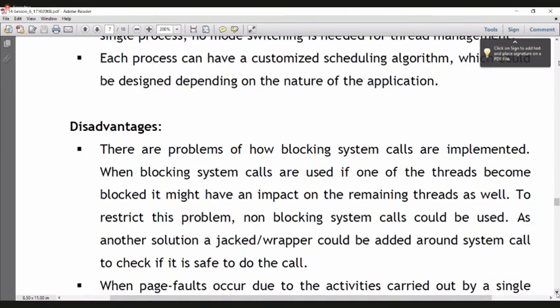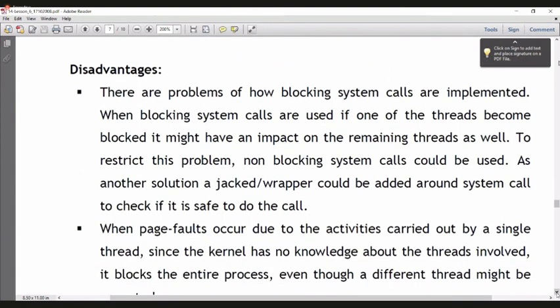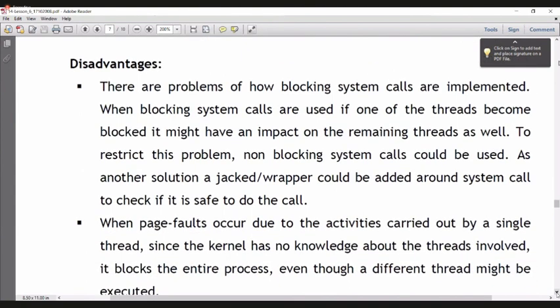So what are the disadvantages? There are problems of how blocking system calls are implemented. So when there's a block, how to implement? So we have to think about it. When blocking system calls are used, if one of the threads becomes blocked, it might have an effect on the remaining threads as well.